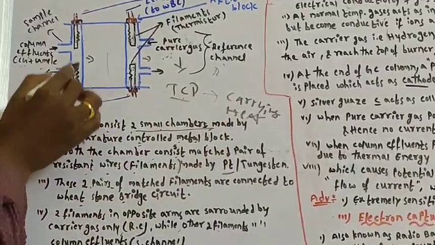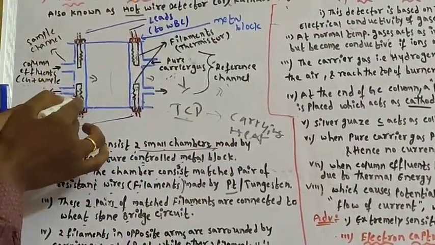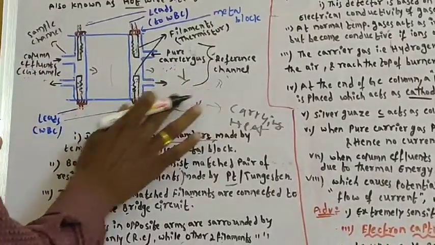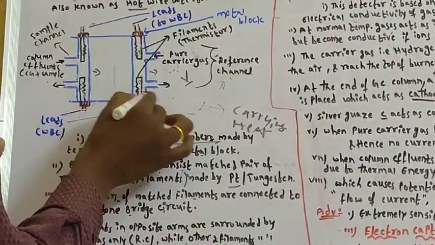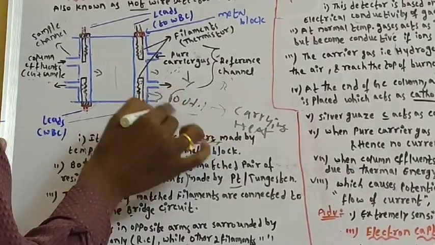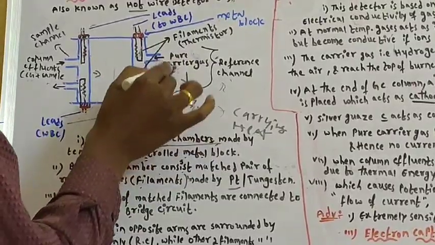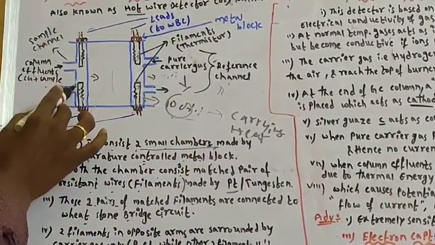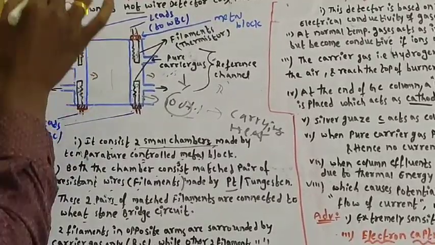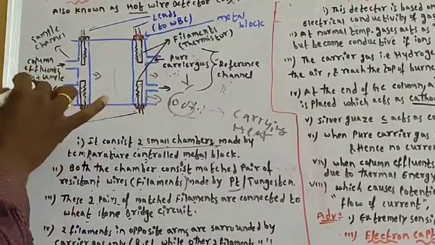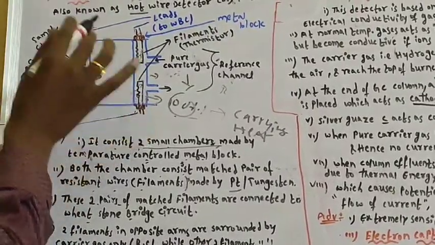Suppose pure carrier gas transfers 100% of the heat, but when column effluent passes through, the cooling effect is somewhat less, because the sample possesses less thermal conductivity.